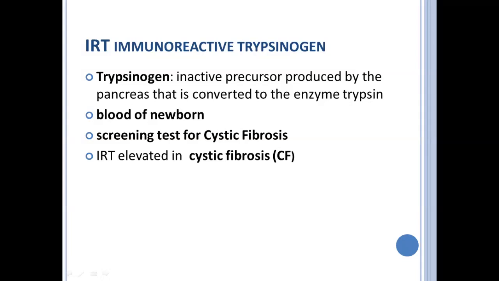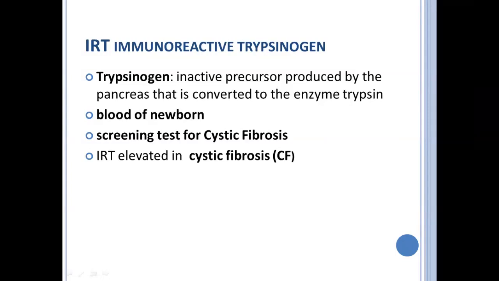So ito, the immunoreactive trypsinogen is measured in the blood of the newborn. So this is also a screening test for cystic fibrosis. So ang mangyayari niyan, if there is cystic fibrosis, alam naman natin, there is the poor release from the pancreatic ducts. Tama, no? Hindi siya nakakalabas kasi blocked.